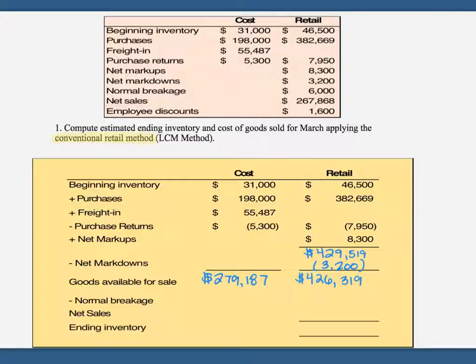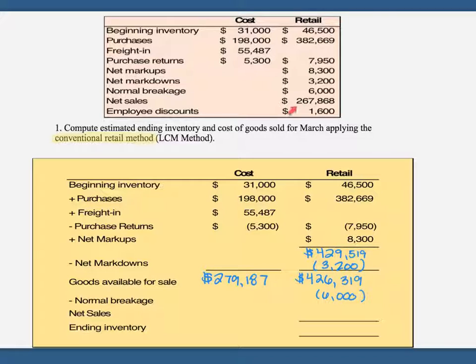After goods available for sale, that's when you need to subtract out any normal breakage we had to the inventory, and it's 6,000 for retail. So we'll subtract that. We'll then subtract out our net sales. With net sales, we also need to include our employee discounts that were originally subtracted out according to the problem at the beginning.